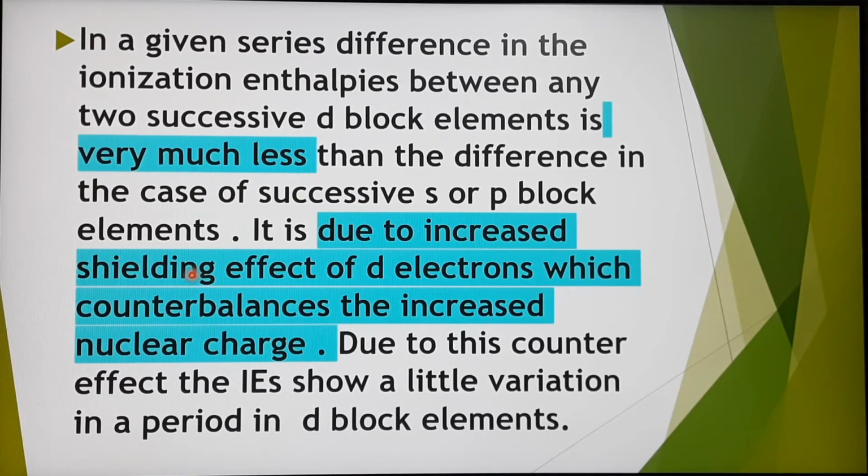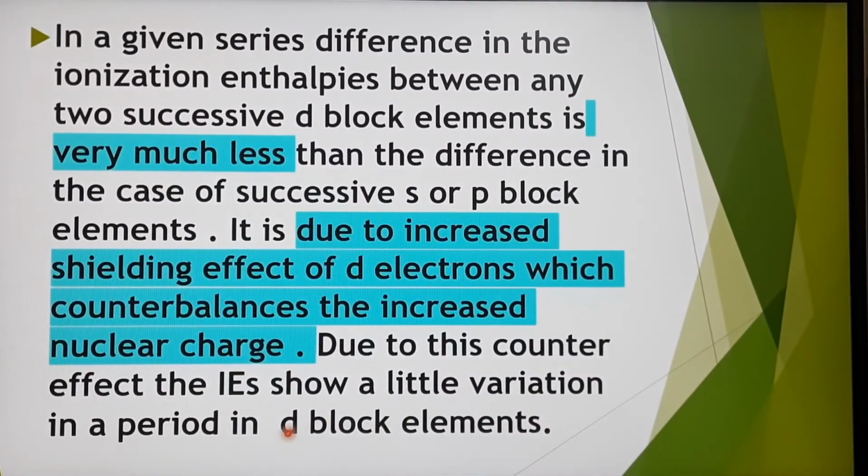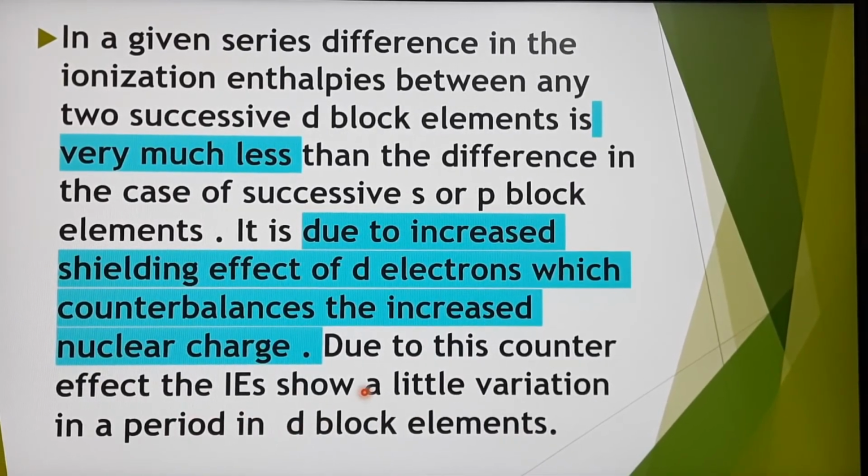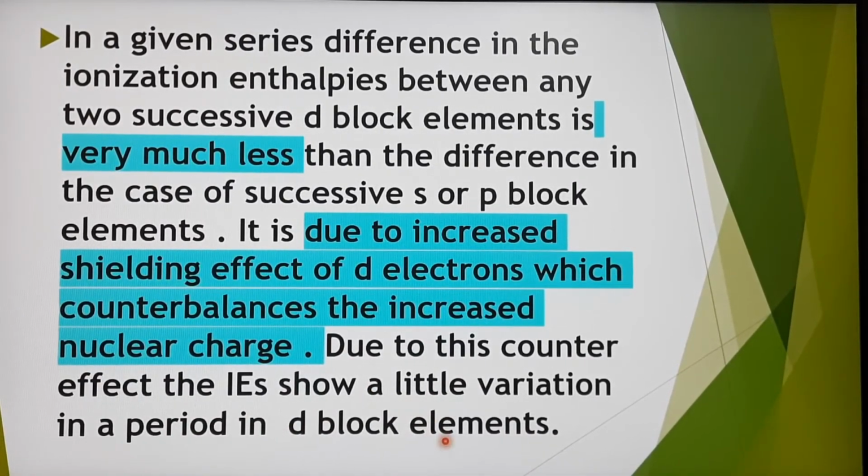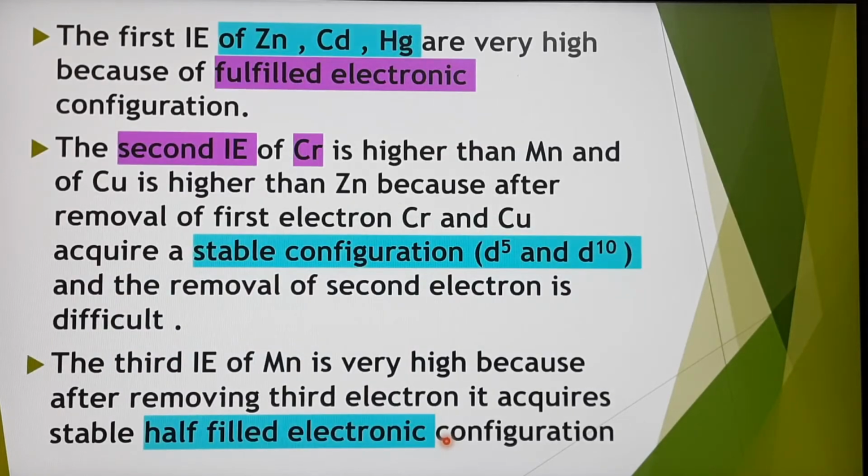It is due to the increased shielding effect of d electrons, which counterbalances the increased nuclear charge. Due to this counter effect, the ionization enthalpy shows a little variation in a period in d block elements.